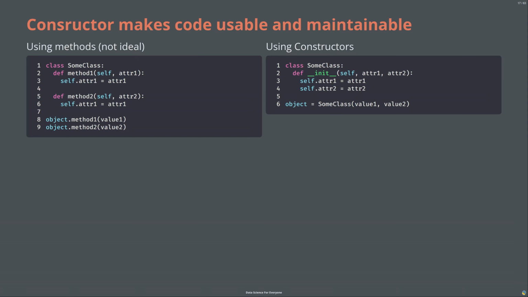If someone else reads your class and it's hundreds of lines long, they'll have to dig through the whole thing just to find where each attribute is defined. Putting all attributes in the constructor not only makes your code easier to follow, but also guarantees that every attribute is set up as soon as the object is created. This helps prevent errors from accessing attributes that haven't been defined yet. Overall, it leads to cleaner and more reliable code.